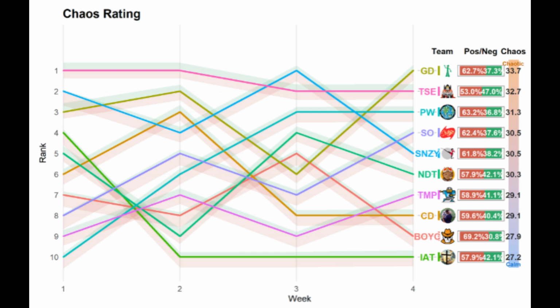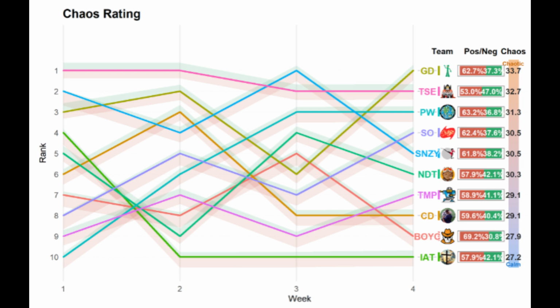So if you have a much higher green bar there, that means most of your chaos is coming from players scoring more than their projection. Like in this example, for my team in Dynasty, 63.2% of my chaos rating of 31.3 is coming from my players scoring less than what they should have.